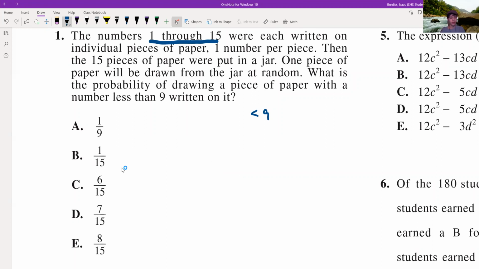Now, if there's 15, then you might say, okay, 15 minus 9, 6. No, that's not what you would do. What you need to do is think how many numbers are there less than 9.